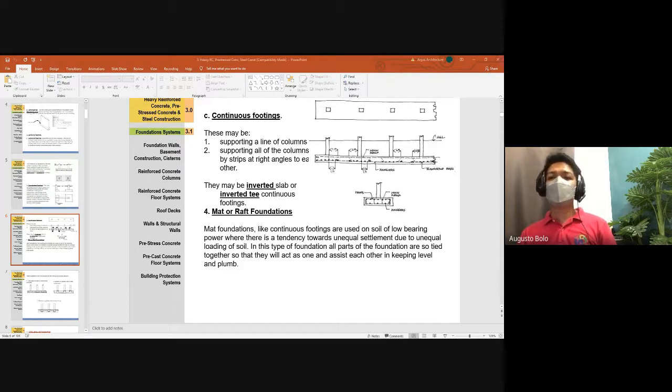Like if you're doing one story, you can just make 1 by 1 meter na footing. But if you go with 2-story, 3-story, the heavier the structure, that becomes bigger. Definitely once na magdagdag ka ng story, it becomes bigger. Regularly, pag 2-story or 3-story, pwede ng 1.2 to 1.5 on a regular type of soil.